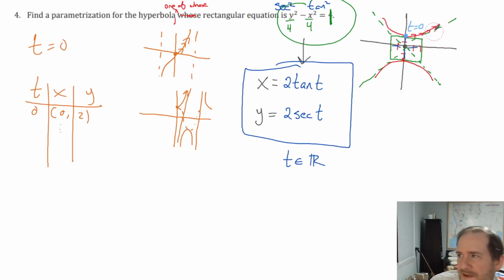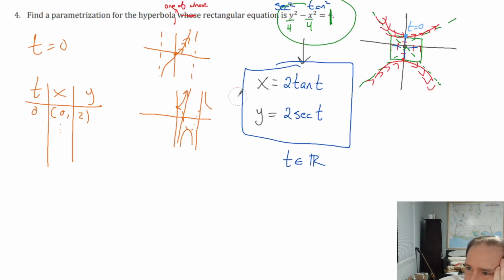Now the strange thing is, you're not gonna get this other branch until last. The way this hyperbola actually plots is you go up this branch, then you come up this branch, then you go running down this branch, and only then do you finally come crawling down this branch. So how the heck do I find a parameterization for that?